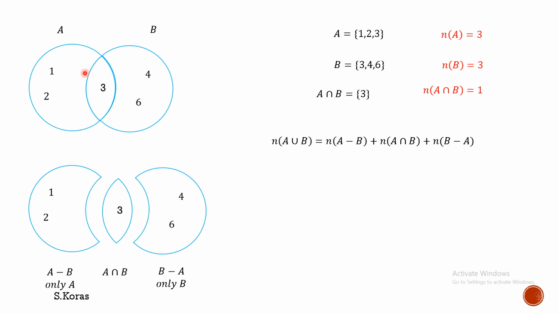That can be written as the number of elements in A difference B, plus the number of elements in B difference A, plus the number of elements in A intersection B. Now all these three sets are disjoint, so we can add them separately, because if two sets are disjoint, we can apply the formula n of A union B is equal to n of A plus n of B. Like that, since these three are disjoint sets, we can add them separately.